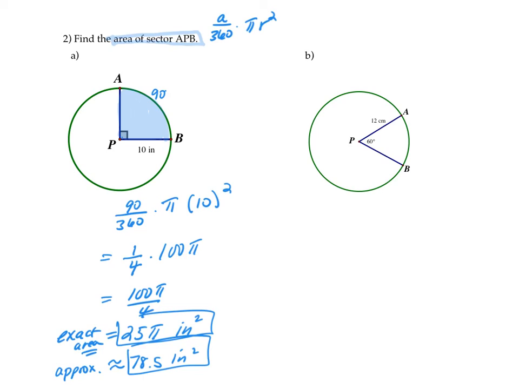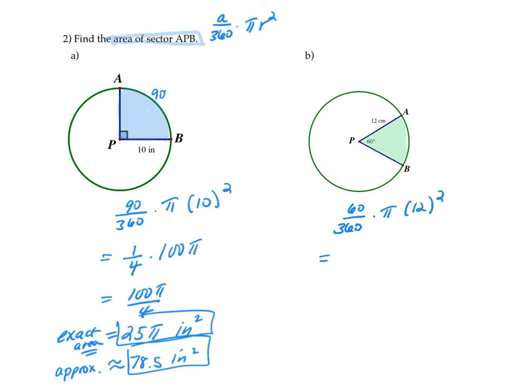All right, our last example, we're going to find the area of this sector, this piece of the pie, if you will. So we want to start by taking our angle measure of 60, dividing it by 360, and then multiplying by pi times our radius of 12 squared.